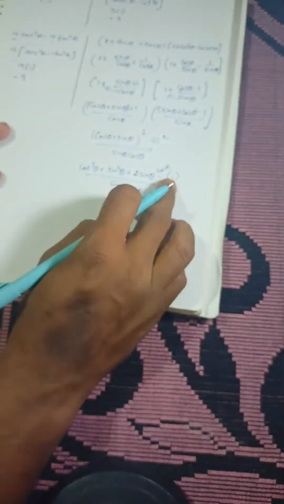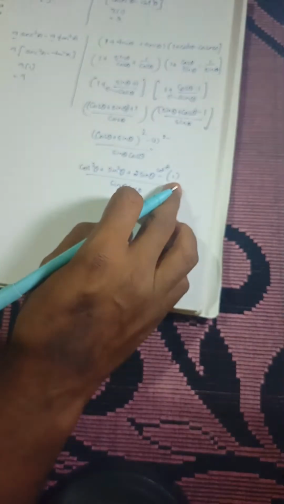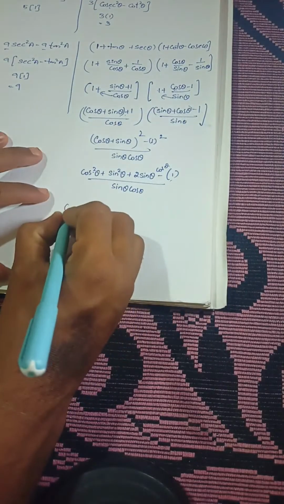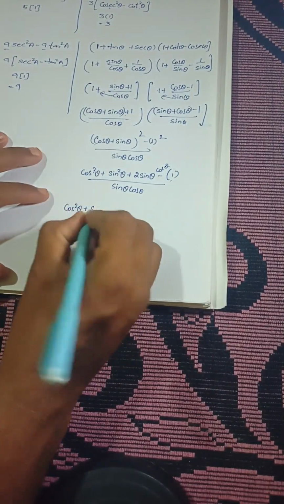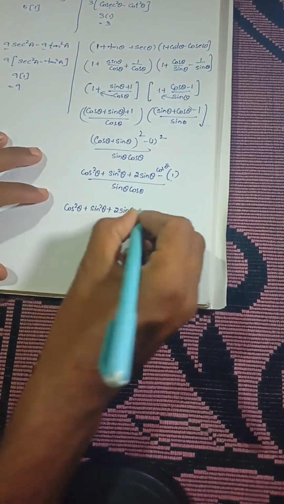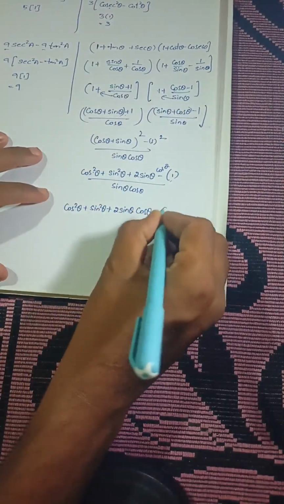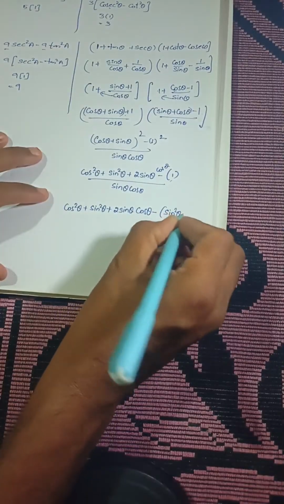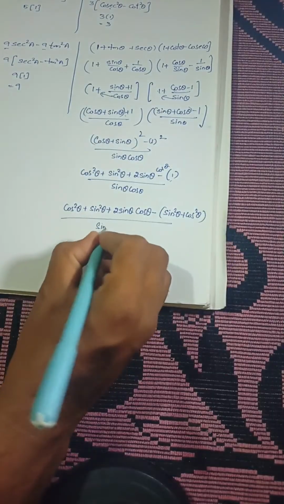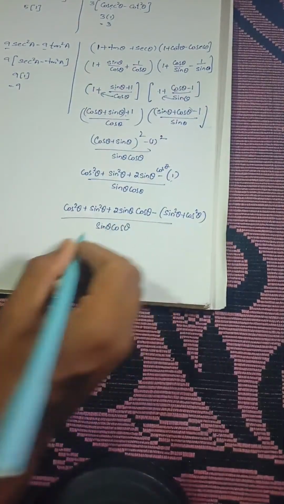Now see, in place of 1 we are writing the identity. What is that? Cos square theta plus sin square theta plus 2 sin theta cos theta minus sin square theta plus cos square theta by sin theta into cos theta.